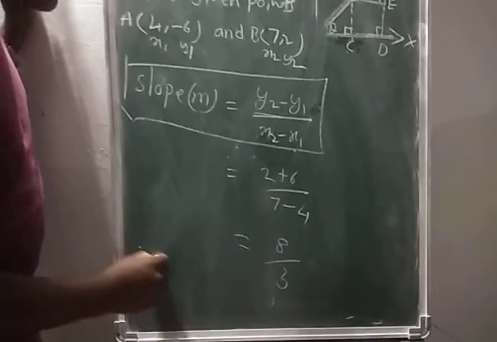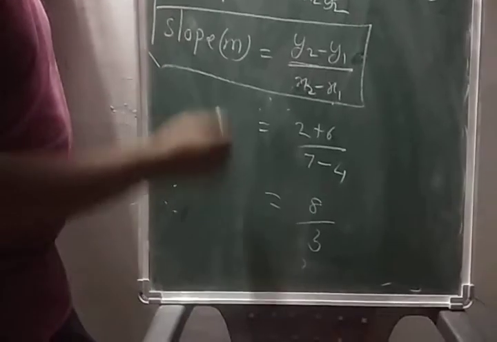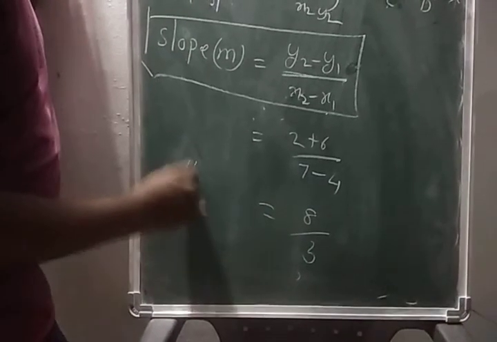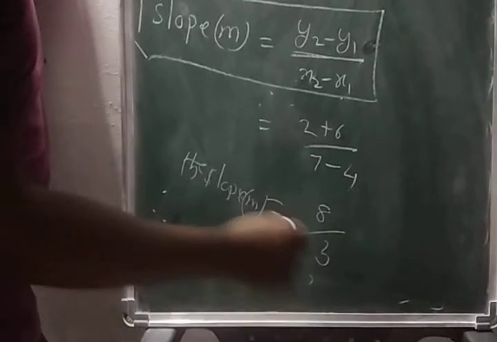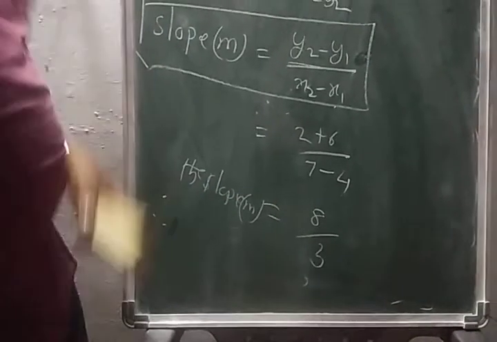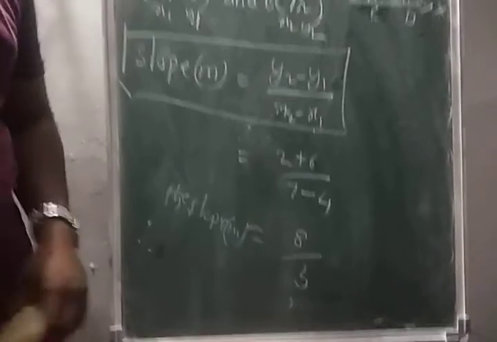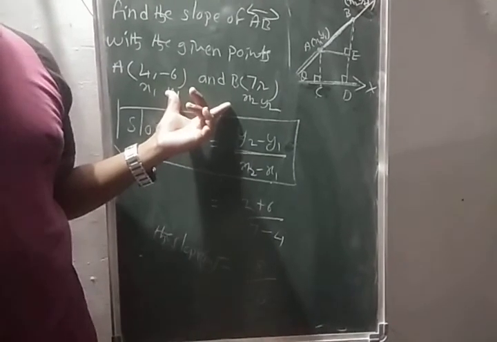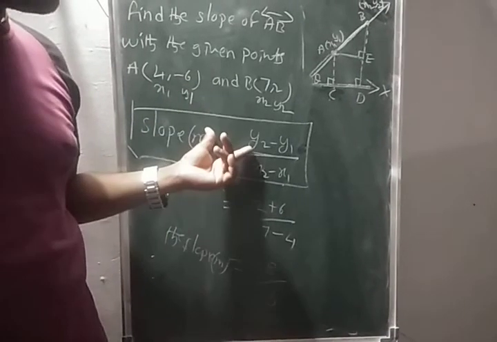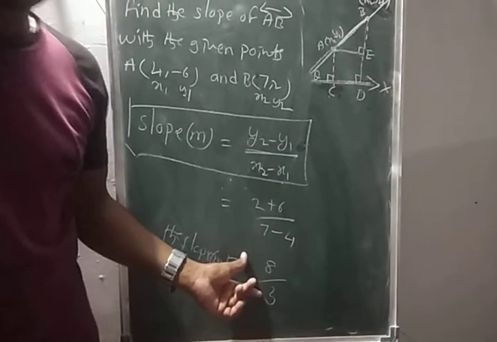Therefore the slope m is equal to 8 by 3. Okay students, so you take any two different points, then by using the slope formula find the slope. Okay, thank you.